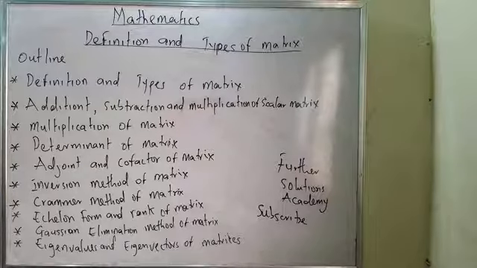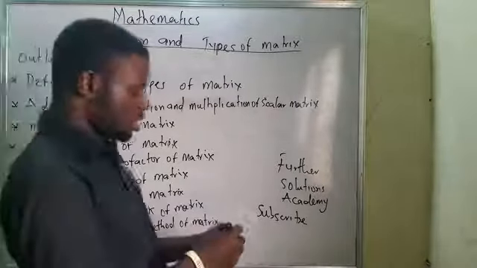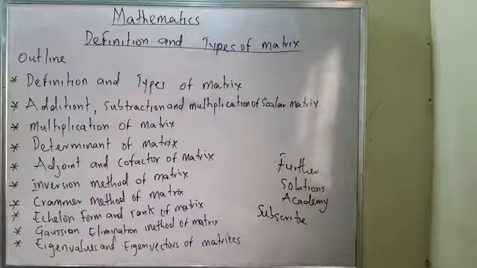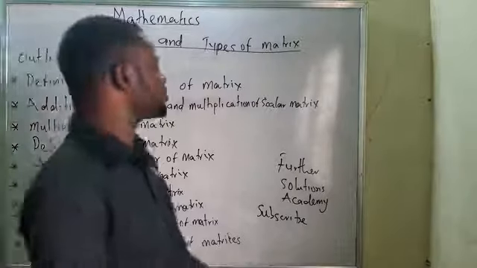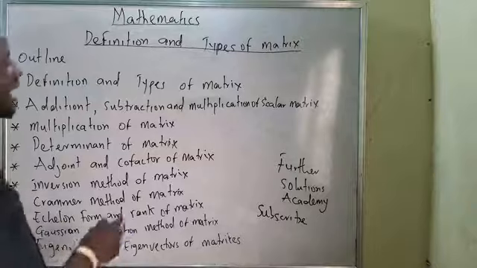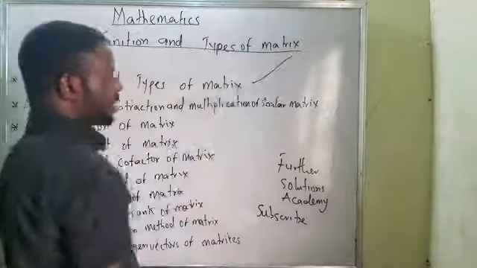In this video, I'll be working you through matrix, which is the topic. It's a course in advanced mathematics or in higher institution, anywhere you call it. It's also in elementary, which is secondary school. Now, the outline of this video: the first one is definition and types of matrix.